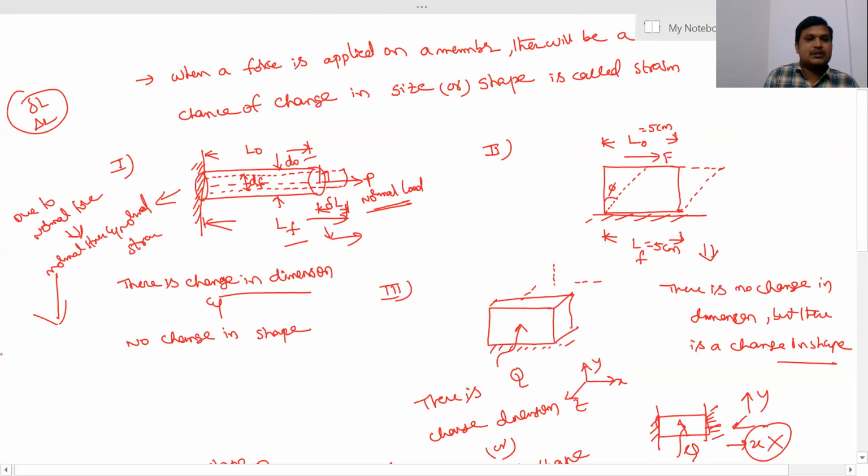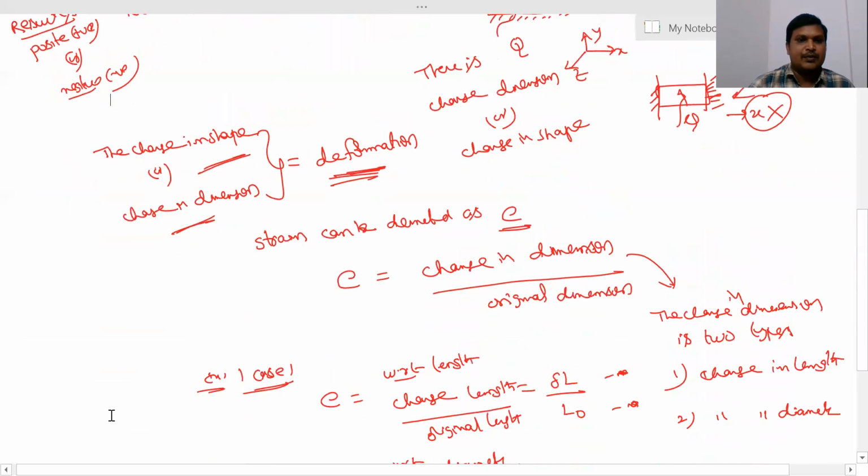This normal strain results either positive or negative.